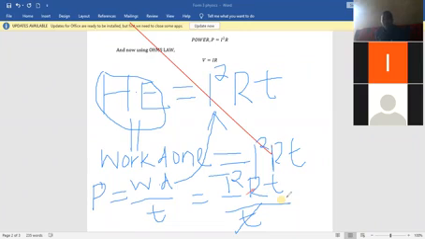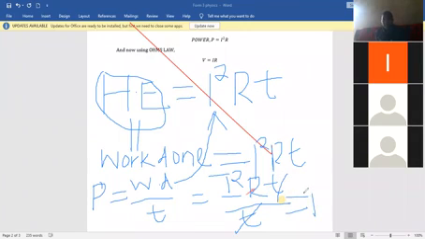So you have what? Power is I squared times the resistance. Look at that.